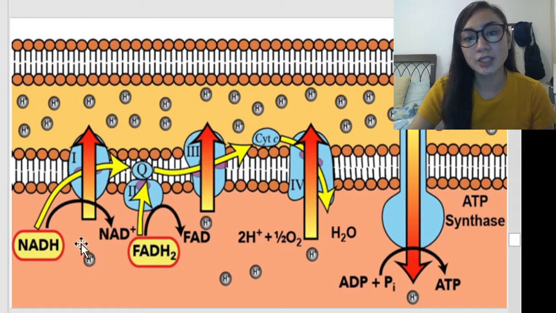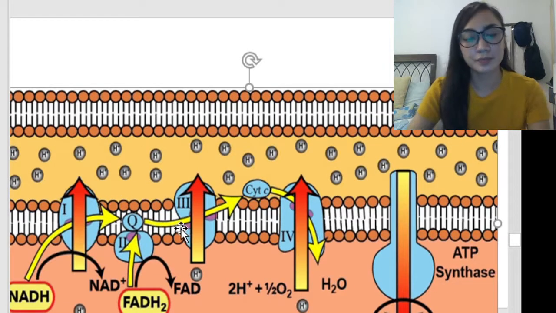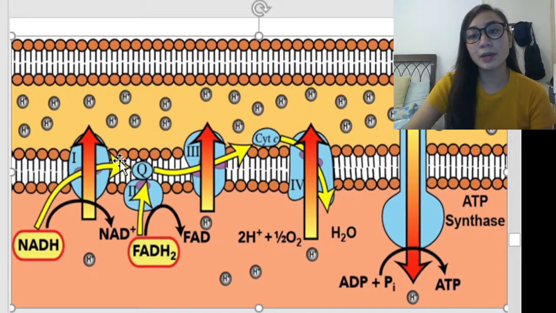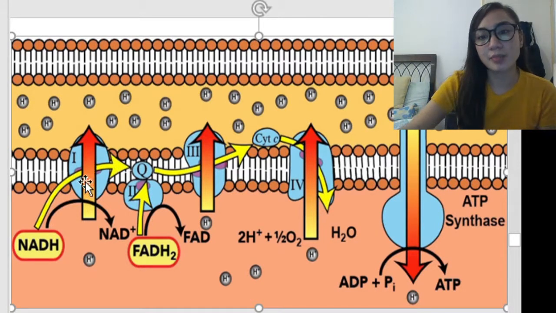So, yung hydrogen ion po niya, it will be pumped up from matrix papunta sa ating complex and then into the intermembrane space. However, ang ating electrons naman, it will flow through the complex 1 sa ating inner membrane, yung yellow na arrow. Ito transfer niya sa ating ubiquinone, which is another carrier natin here.